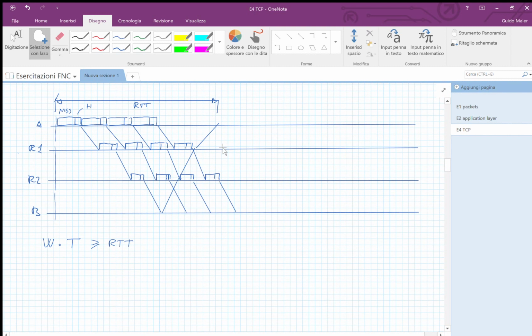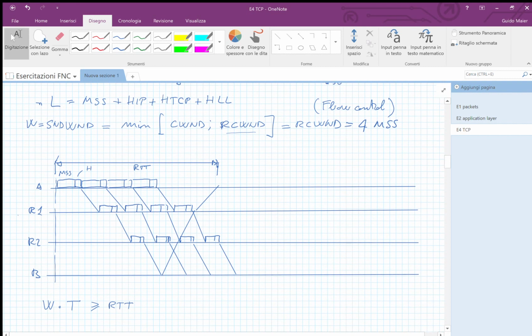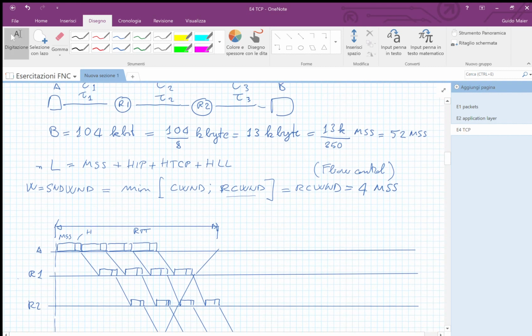So we will have groups of 4 segments that are transmitted one after the other, because after this round trip time we will have the same as before, and until we have transmitted all the bytes of the file. Note that in this case the file contains an exact number of maximum segment size, which means that all the segments will have the same size, which is the maximum possible.